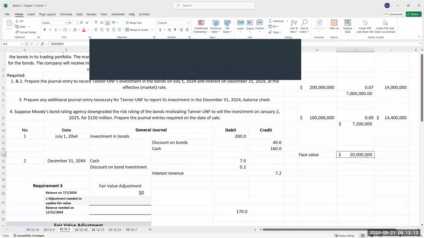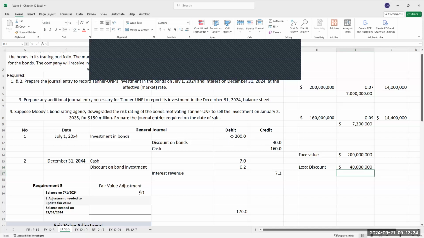All right, so the face value of the bond is 200 million. From there, we would subtract the discount. So less discount, which is 40 million. 40 million, perfect. And how do we know that?